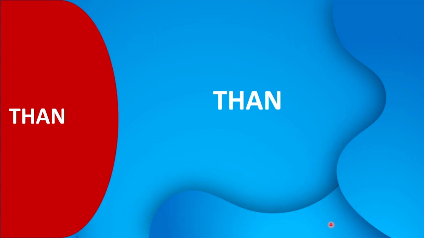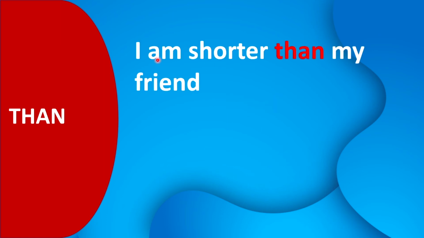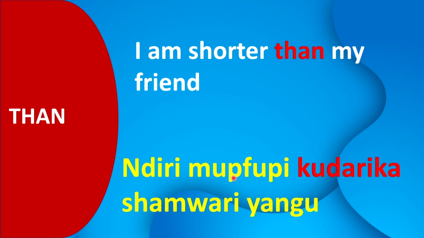Okay. Next conjunction is than. Than gets translated to kudarika. Kudarika. Let's do some examples. I am shorter than my friend. Ndiri mupfupi kudarika shamwari yangu.